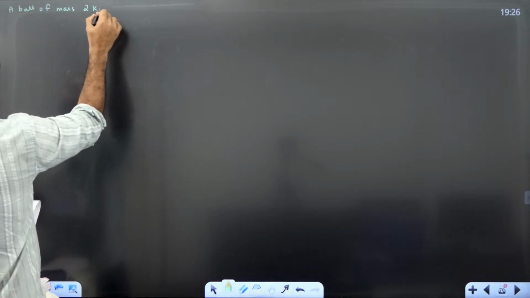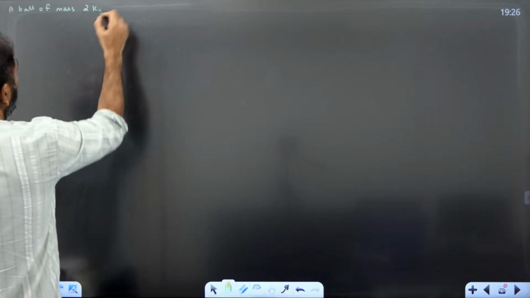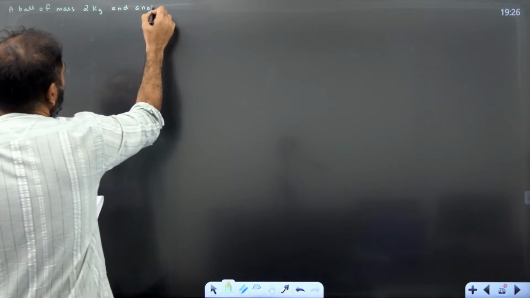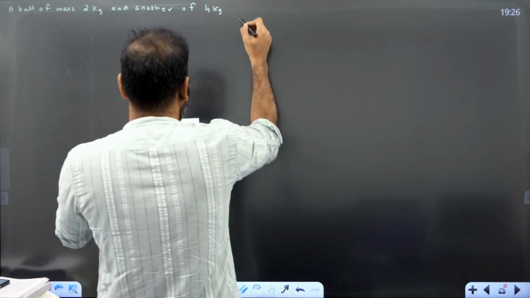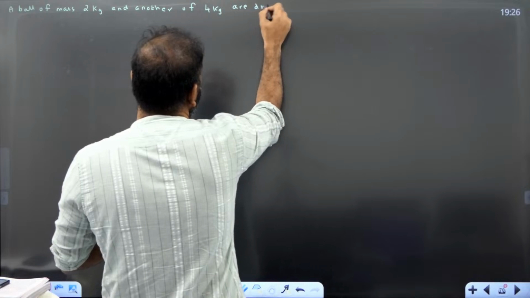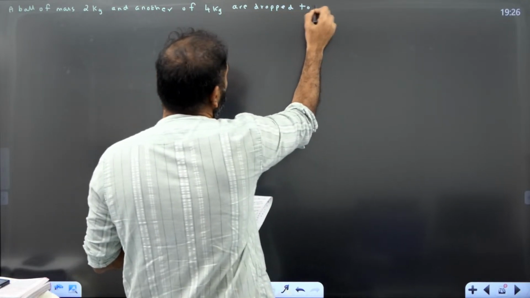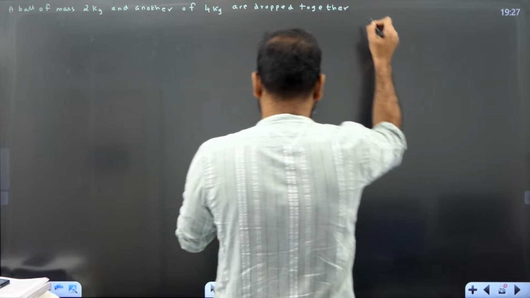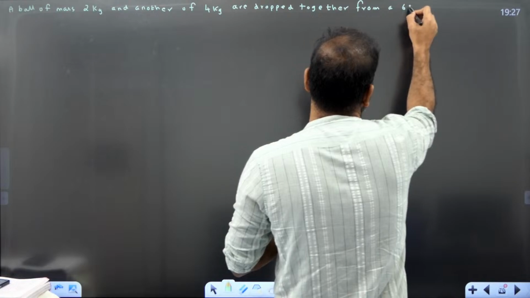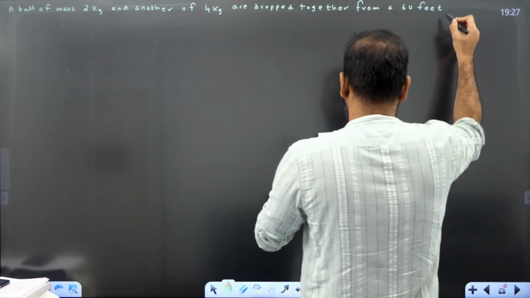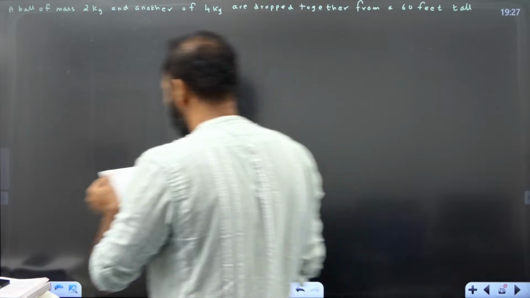Next question. A ball of mass 2 kilogram and another of 4 kilogram are dropped together from a 60 feet tall building.